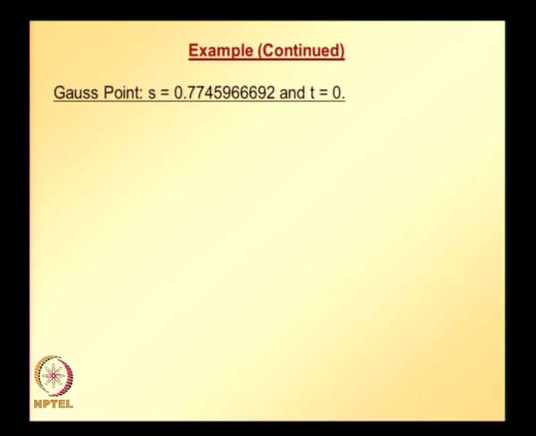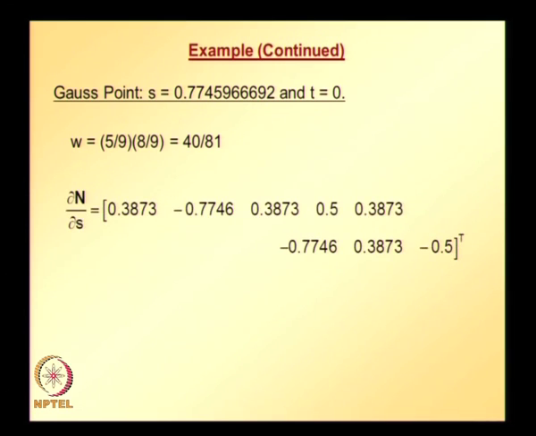So this is a point, and this is what I mentioned about weight. The rest of the details are similar to that of the 4 node quadrilateral element, except that the dimensions of the vectors are now 8×1 or 1×8, depending on how you put that vector.